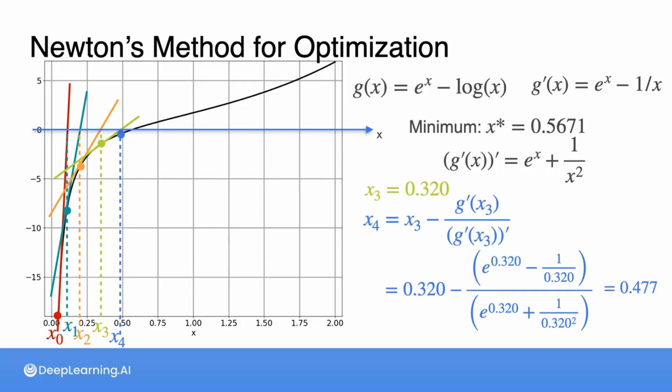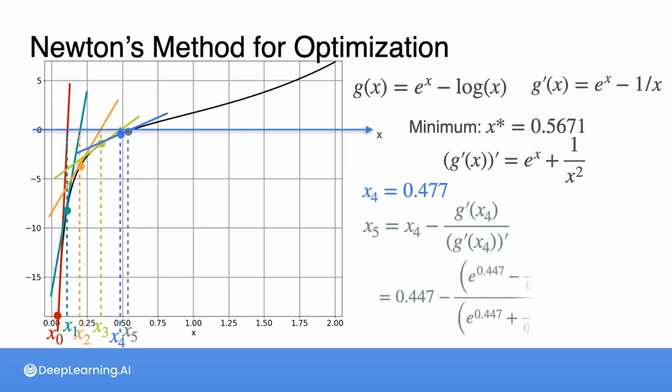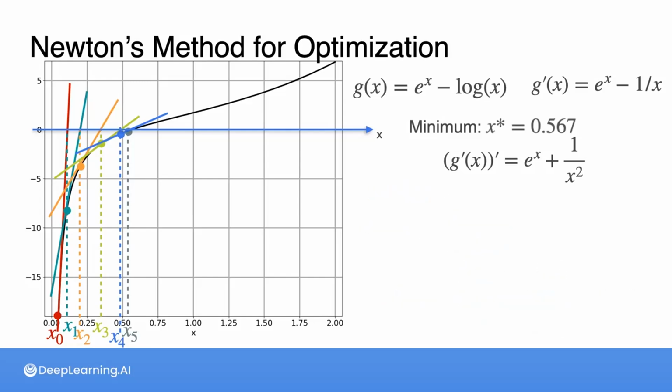Notice how close we're getting. Let's do one more iteration. With x4, we draw the derivative, we see where it hits. That's at a point x5. And x5 is going to be calculated like this, and the value is going to be 0.558. And let's just do one more. We draw the derivative again, we see where it hits, and it's at x6.